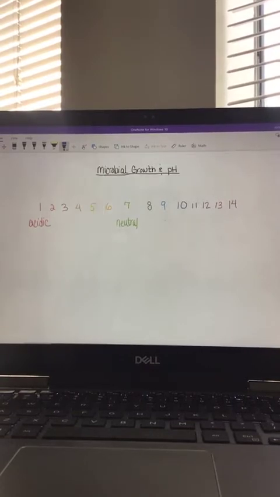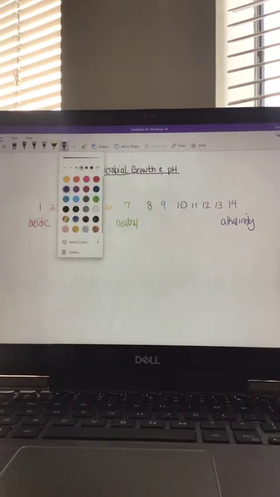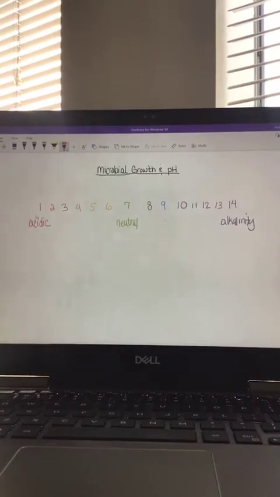I use that color. 14 being alkalinity, being very basic. So that is the scale. Now we are going to talk about the microbes that are within each group, starting with the acid.